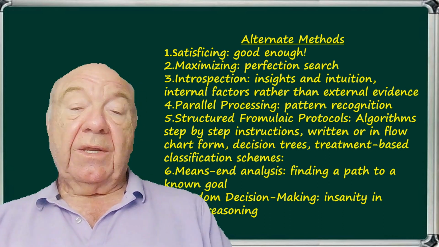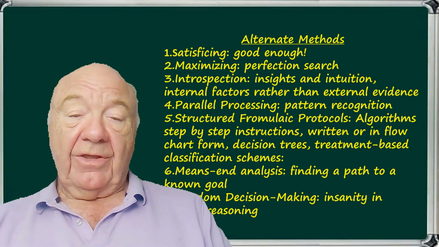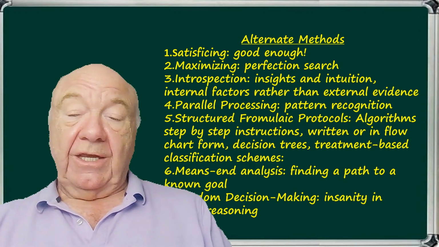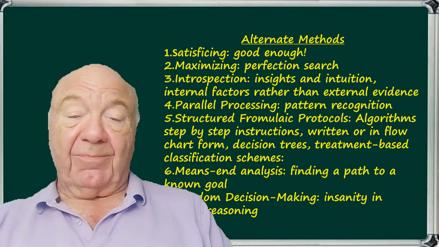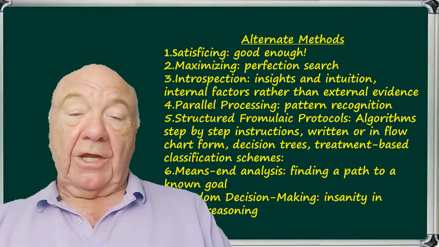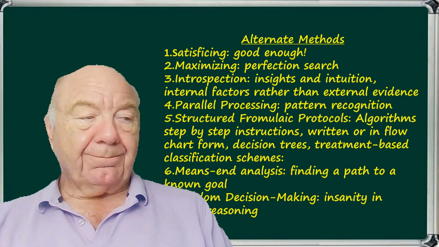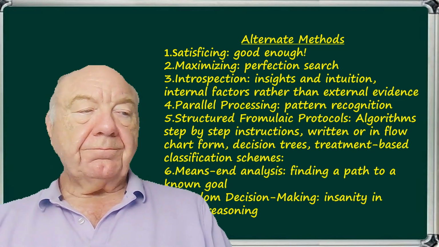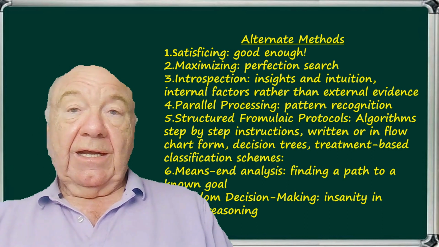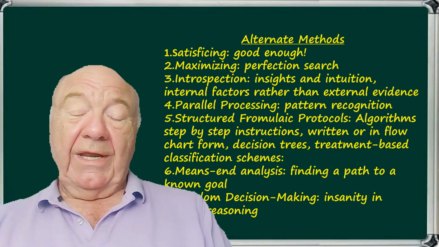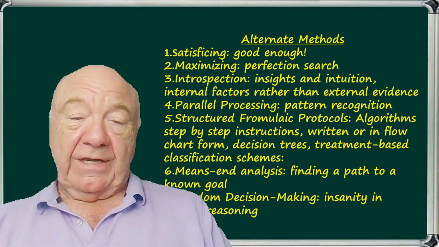It'll work for the average presentation in a lot of cases, assuming that the protocol has been done correctly. But when you start looking at outliers, even marginal outliers, this is not going to work for you. Means-end analysis really doesn't have a role in patient care.